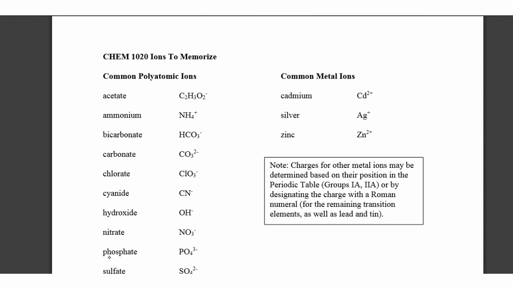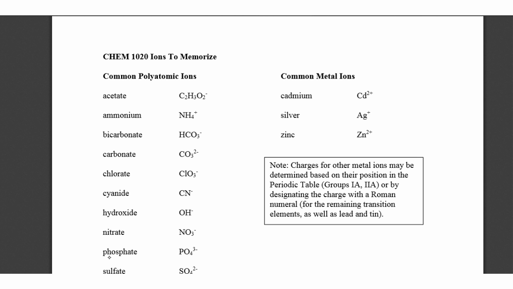And if you look at all these that have ATE and ITE on them, what is the difference between them? Charges stay the same, but what changes? Number of oxygens. And the one with the ITE suffix always has?